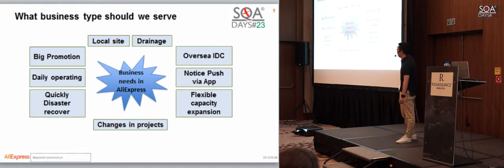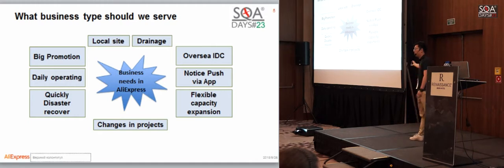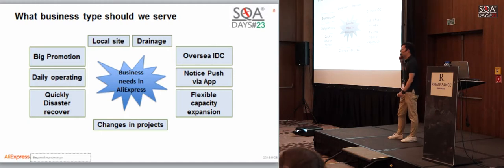We also have overseas data centers. One is in the United States, one is in Russia, and one is in Europe. And for our mobile apps, we always push notices to your mobile apps. For our performance guarantee and disaster guarantee, we also have quick disaster recovery.